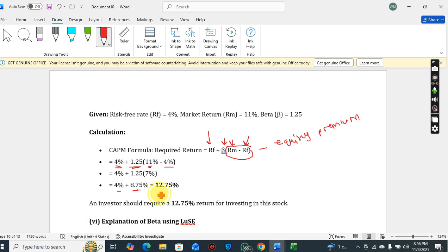So this is the return an investor should expect for investing in this stock. Any questions?